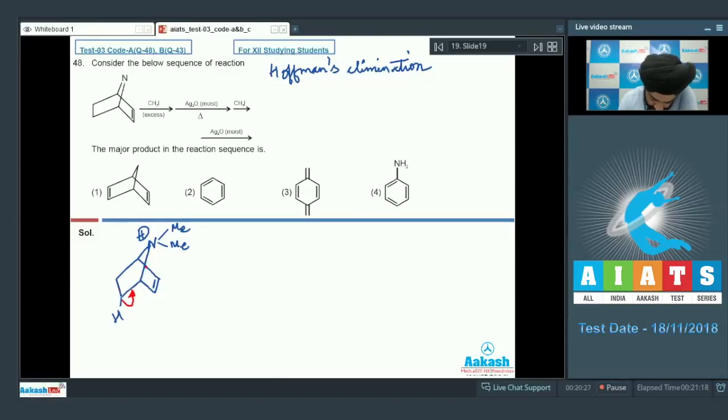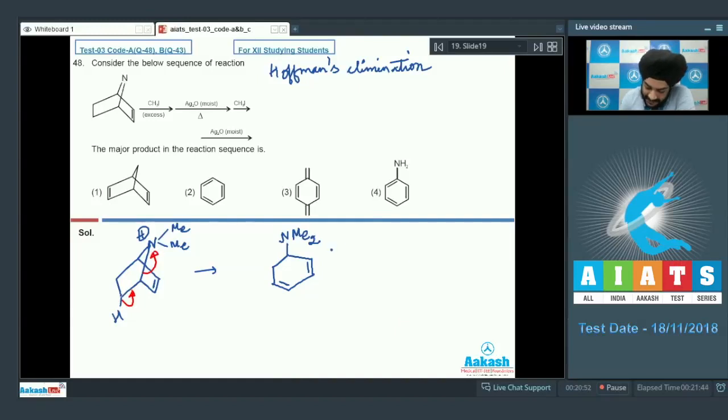So this bond will shift and this will lead to the ring opening in this case. So we'll have the formation of the following species. And the positive charge on nitrogen shall be compensated with the bond pair which is shifted on nitrogen.